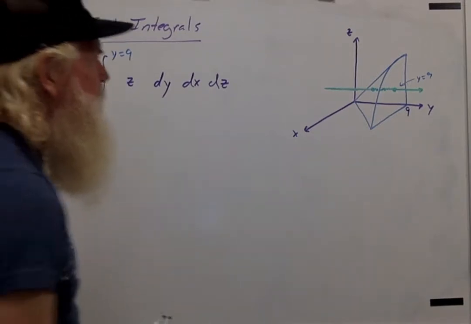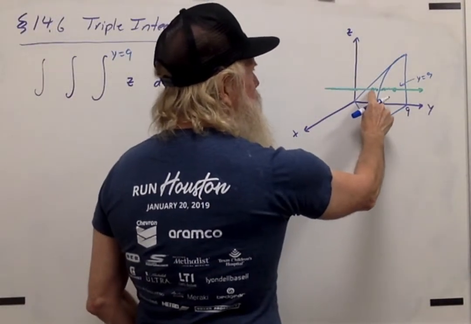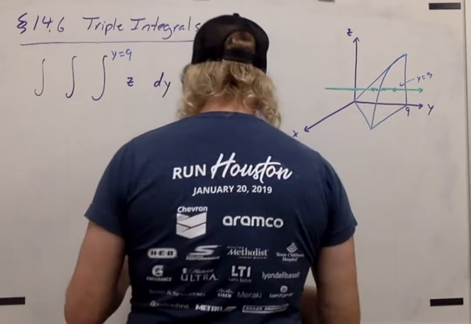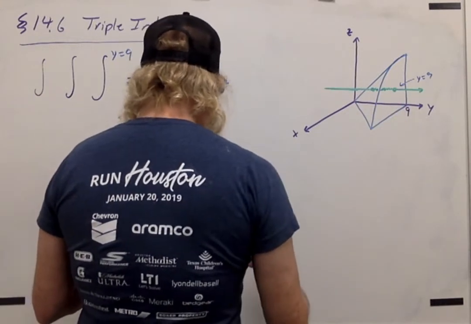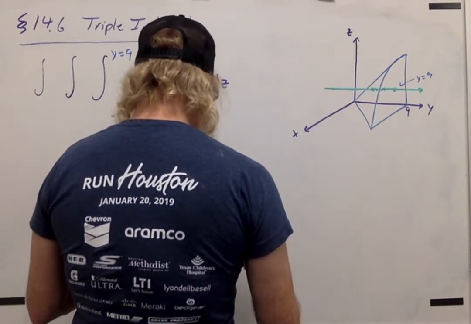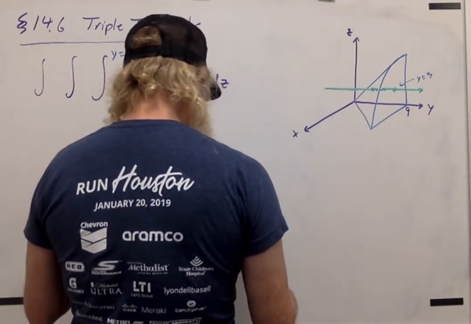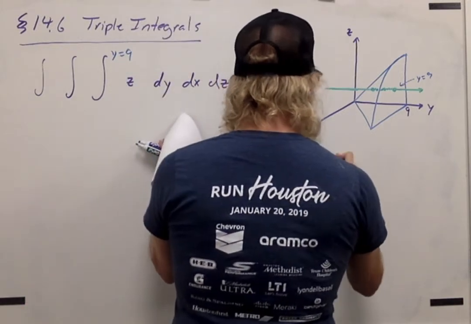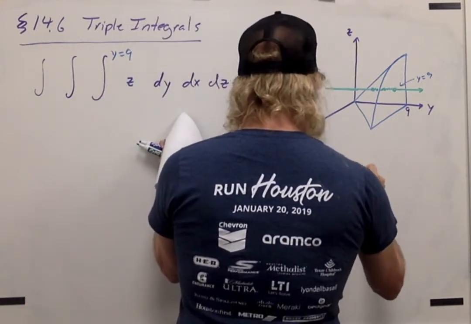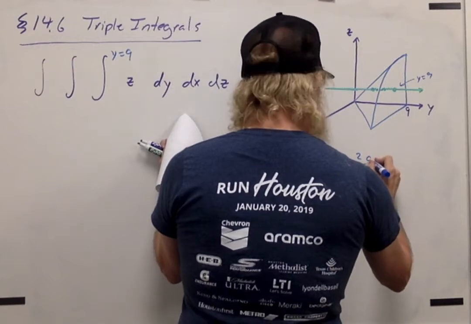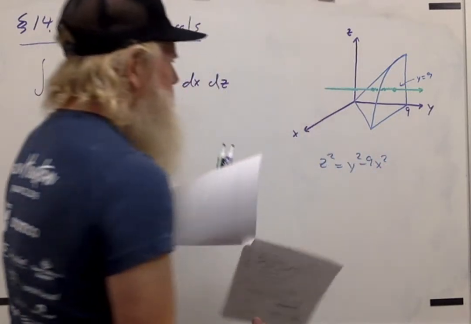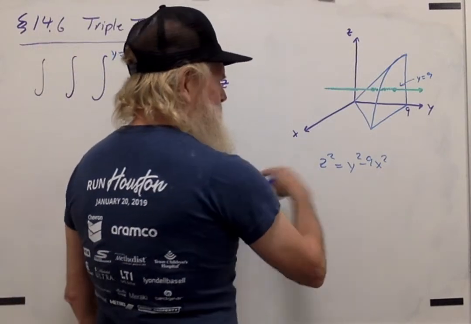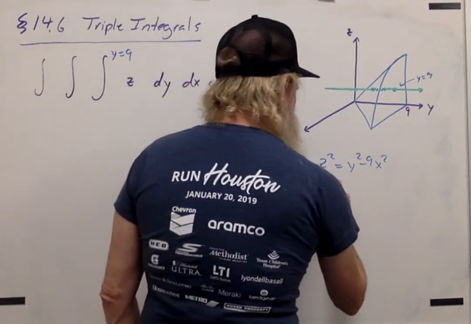Now for my lower bound, I need to rewrite the equation for the cone in the form y equals. So the cone, looking for the equation, I erased it. The cone was z squared equals y squared minus 9x squared. So let's see if we can rewrite that in the form y equals. I'll add 9x squared to both sides.